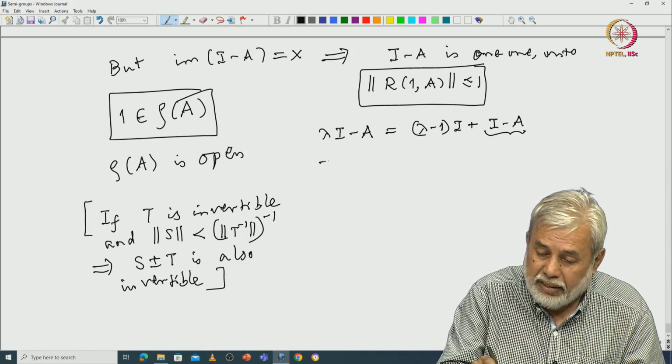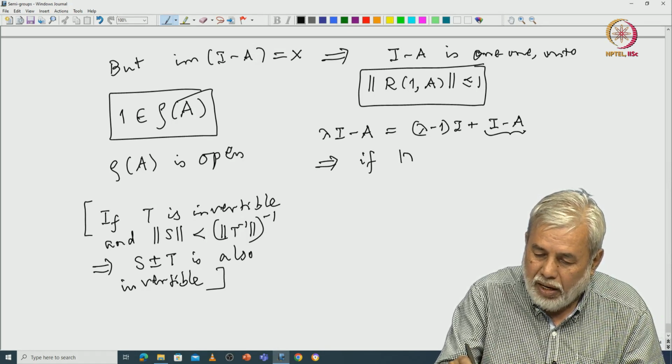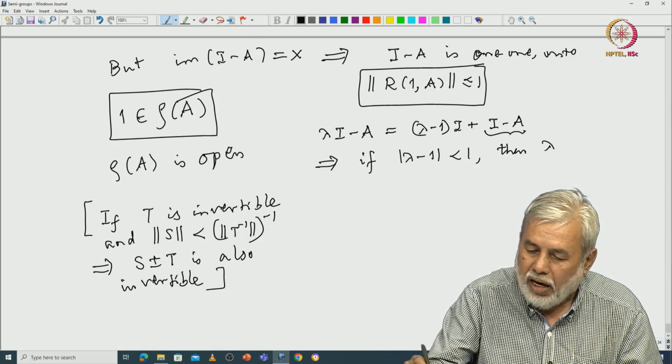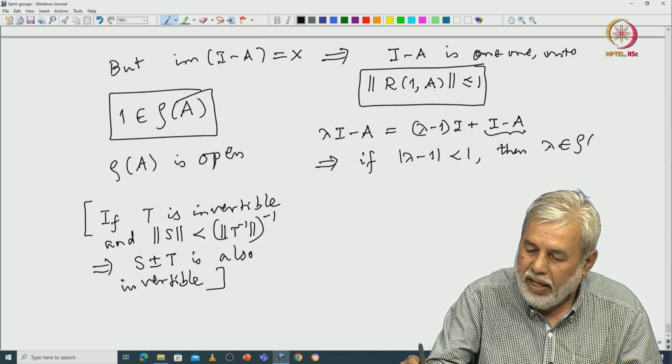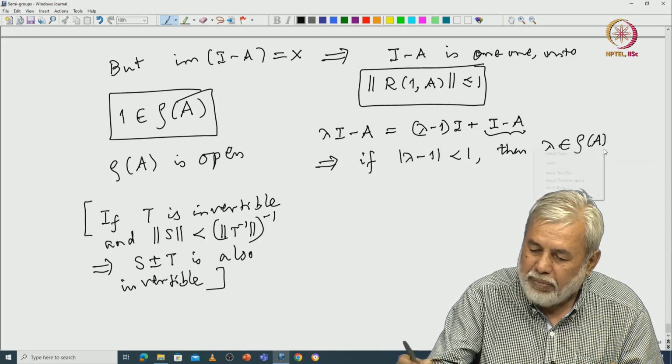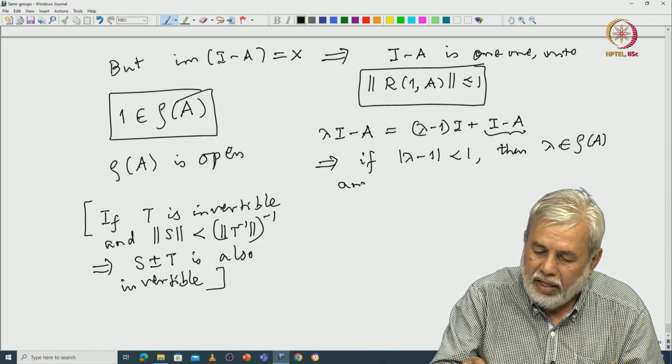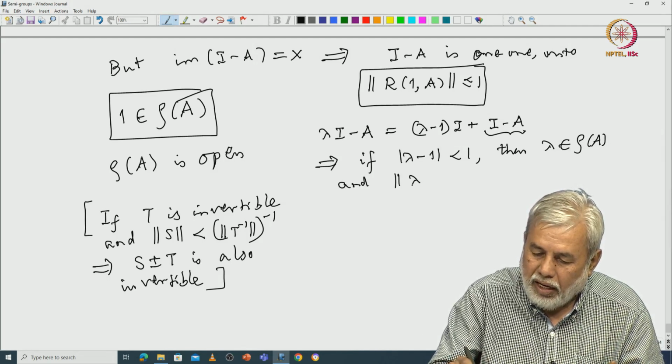So this implies if mod lambda minus 1 is less than 1, then lambda also belongs to rho(A), and again a simple estimate gives the bound 1 by mod lambda.